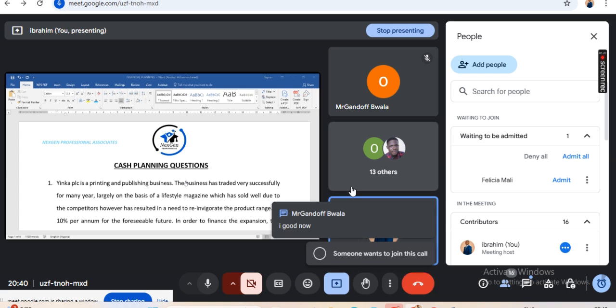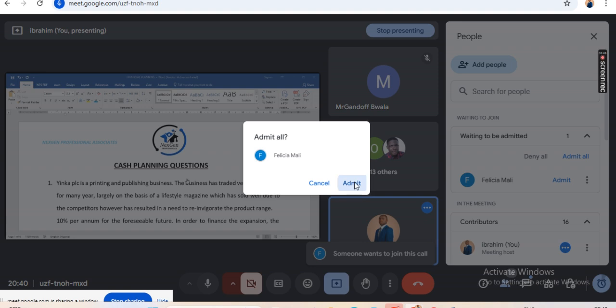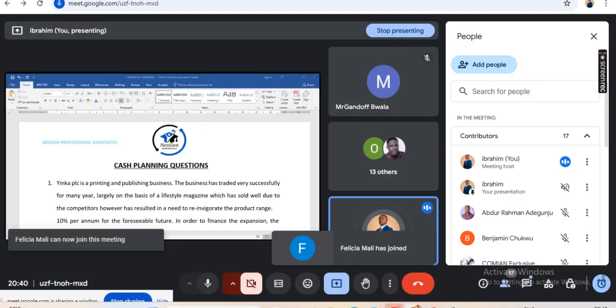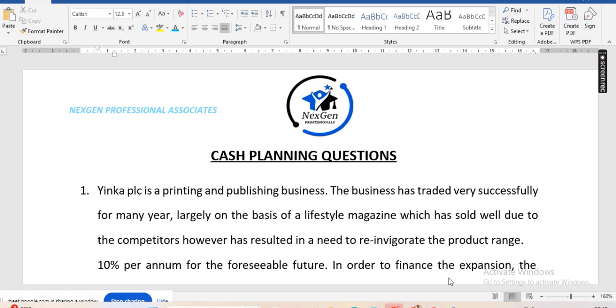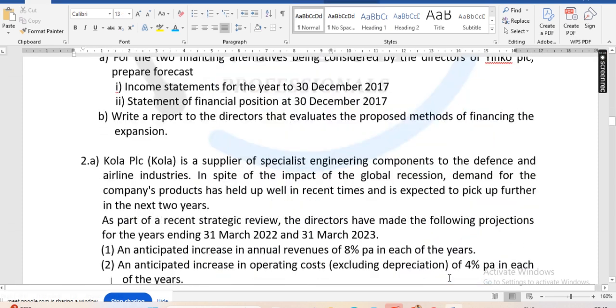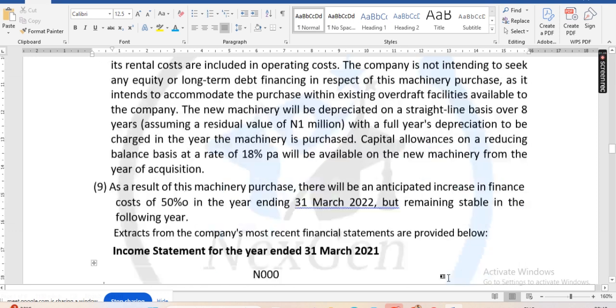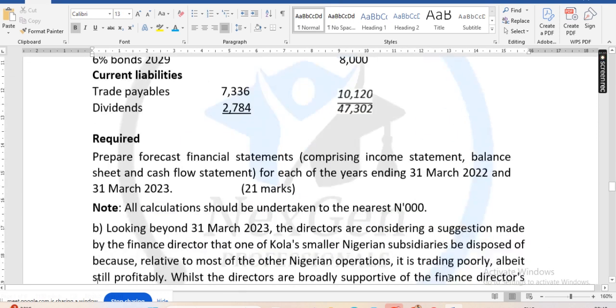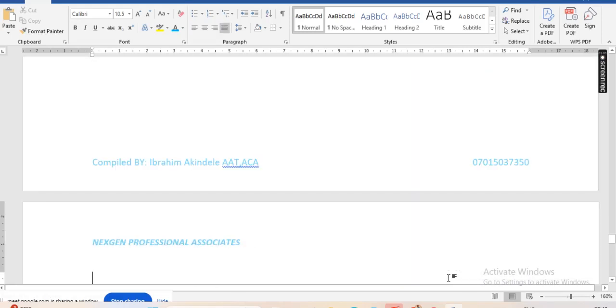Now, class, in financial planning or cash planning, you need to do a forecast for three things. What are the things? One, profit or loss accounts.